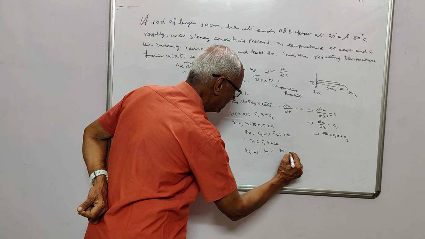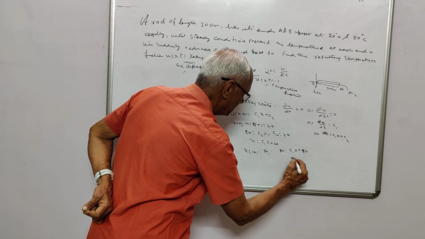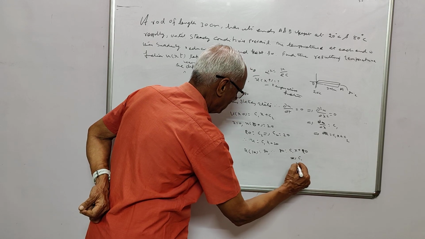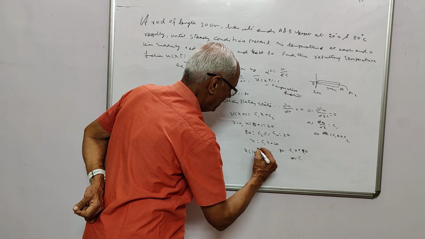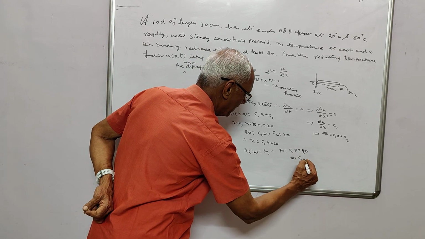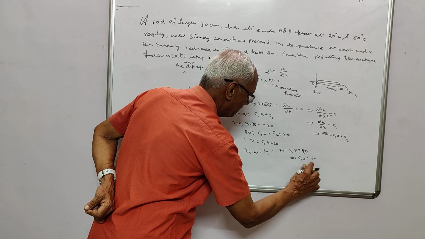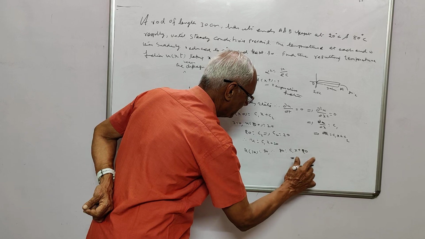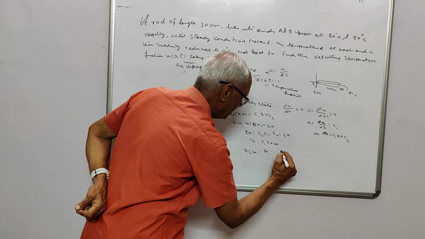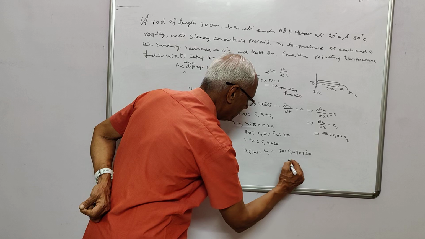Therefore 80 is equal to C1 into 30 plus 20.